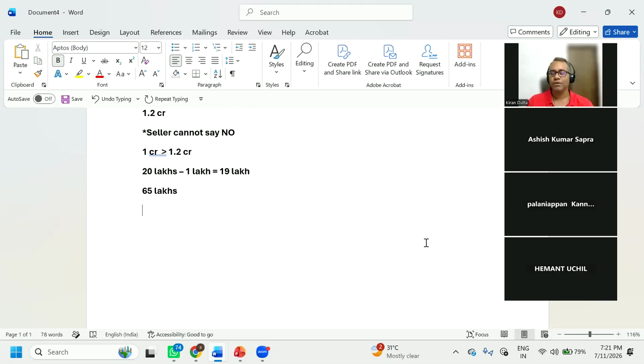He will come to you and he wants to buy this particular property. Then what is the scenario here? Buyer will pay the agreed price.